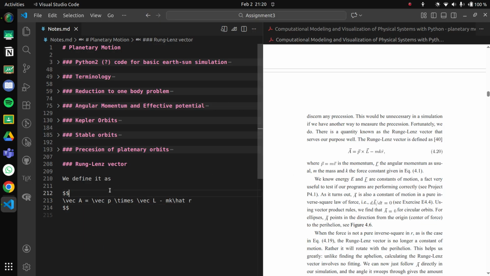Just to be sure, G capital M small m has the units of force times meter squared. This thing is momentum times angular momentum. Angular momentum is MVR, and there's also the mass over there.